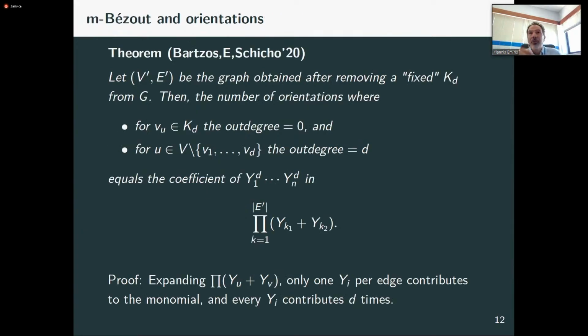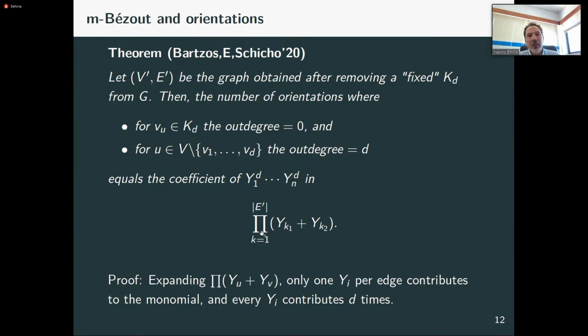And now the first observation is that the coefficient I'm looking for in this product of linear forms with 2 terms has a combinatorial meaning.